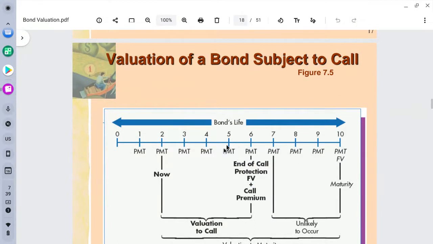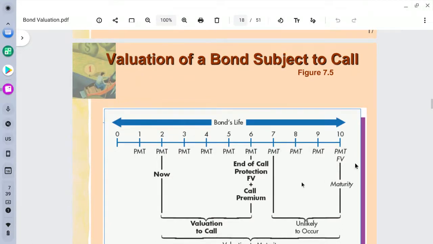This is a 10-year bond, and the call protection period is up to year 6. Now we are at the end of year 2. So valuing this bond, we don't use year 10.